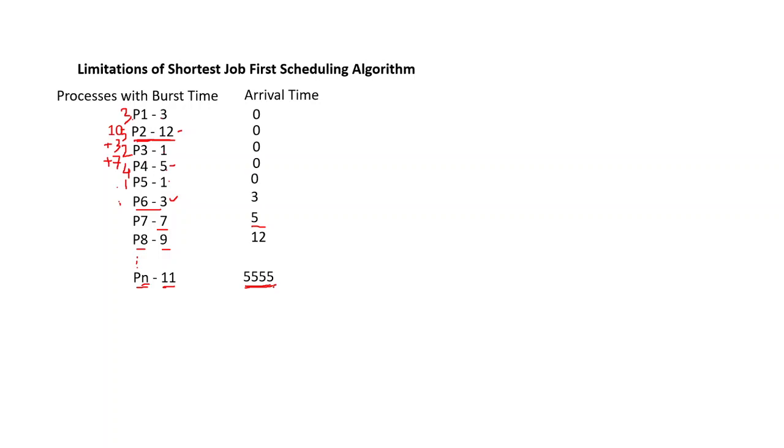So this is a very serious problem, that even if the average waiting time for shortest job first is pretty good, and the throughput is still good, sometimes the processes with bigger burst time will need to wait for a long time if the other processes in the ready queue have a shorter burst time.